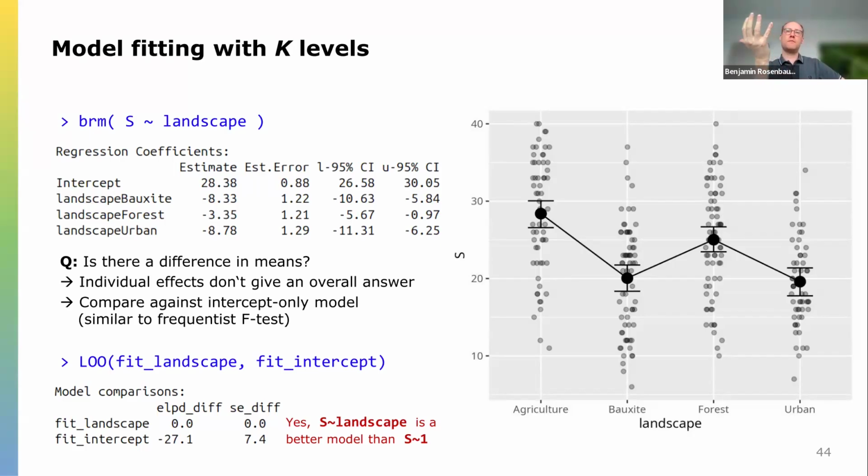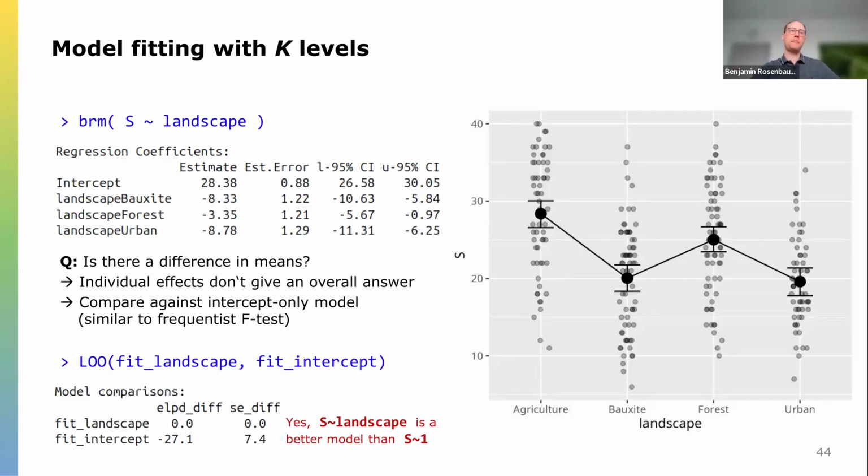So this would be the analysis in brms in the Bayesian framework if you're interested in this, or if you want to have one test for all the differences at once. Okay, so here the answer would be: the fit with different landscape levels is the better model.